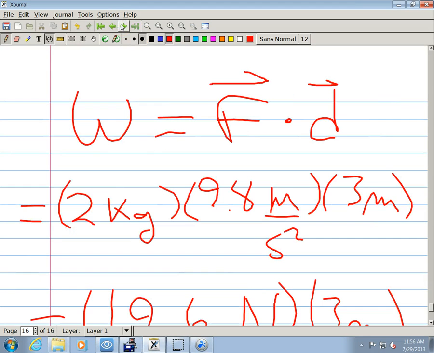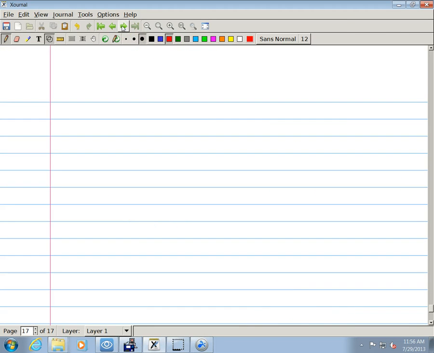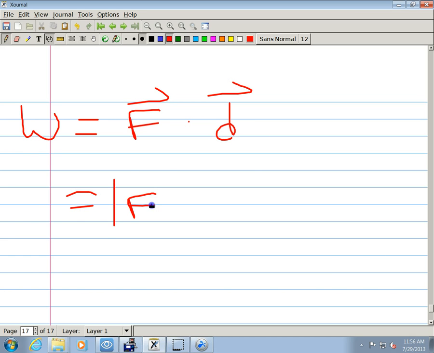But in polar form, it doesn't work out that way. In polar form, it works out this way. Work is the force vector dot the displacement vector, but that's the magnitude of the force times the magnitude of the displacement times the cosine of the angle in between.